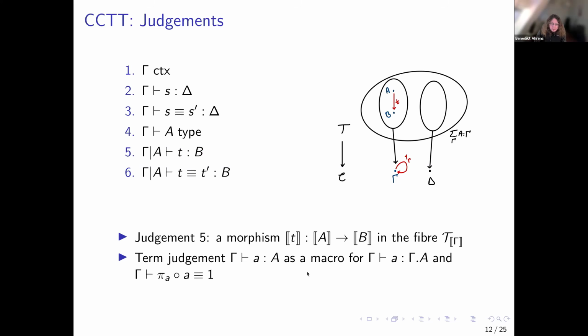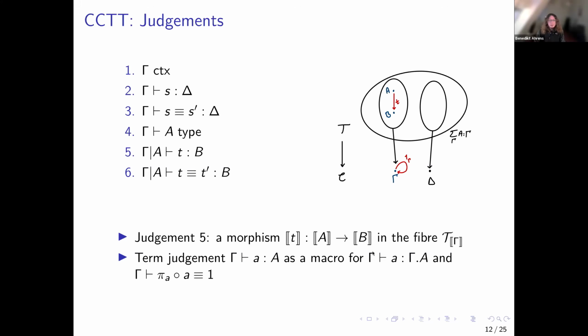For instance, in context gamma, a is a term of type capital A. That could be a macro for saying that a is actually a context morphism, a section of the canonical projection from gamma.A down to gamma.